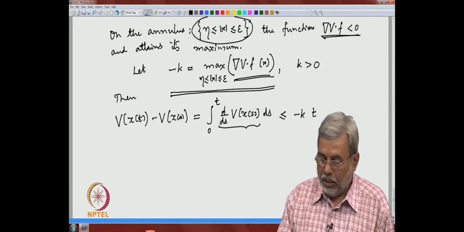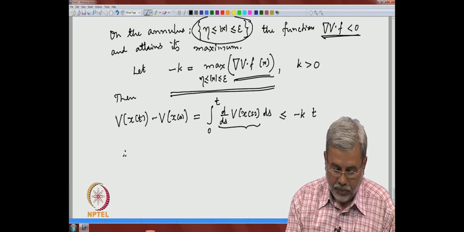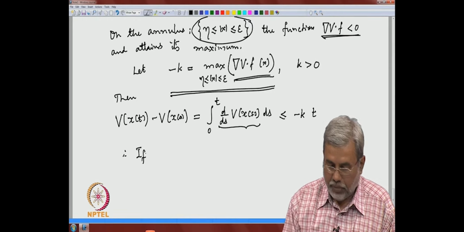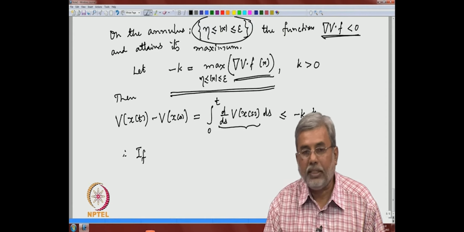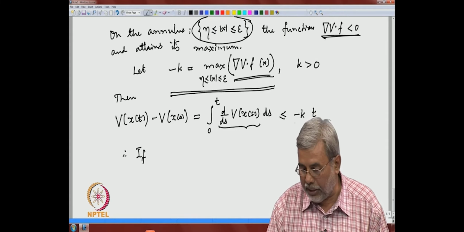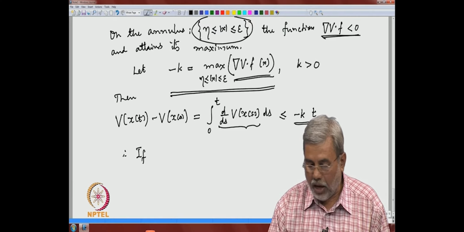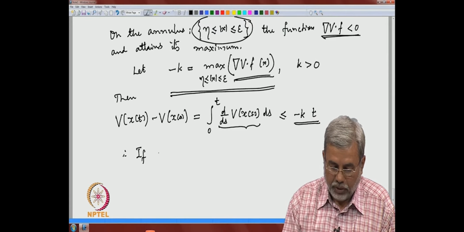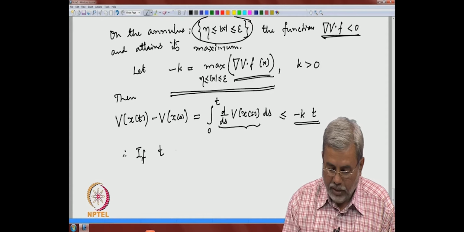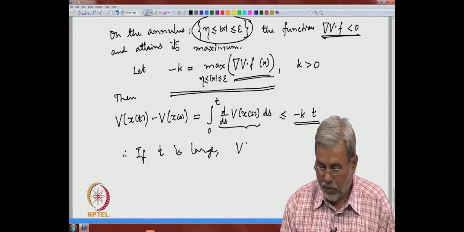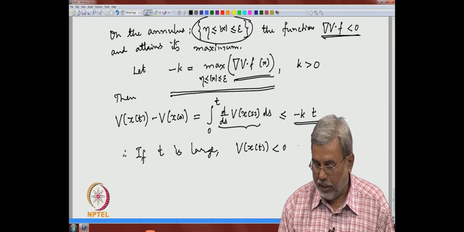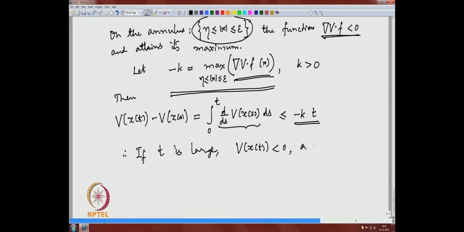Therefore, remember k is positive. As t becomes large, this is a negative number, so I can always exceed v of x 0. If t is large, v of x t will be negative, and that is a contradiction, because v is a positive definite function.